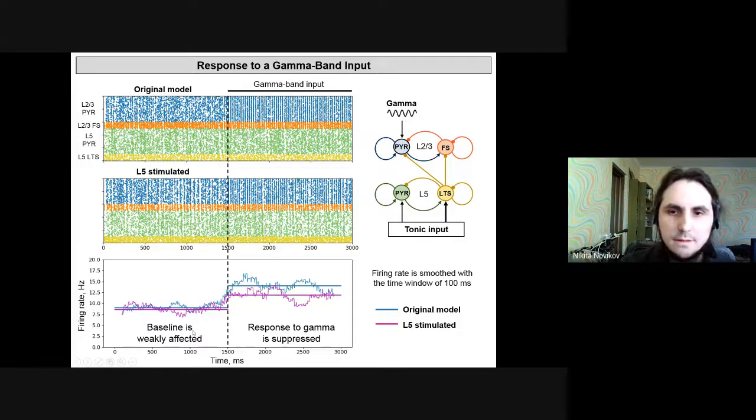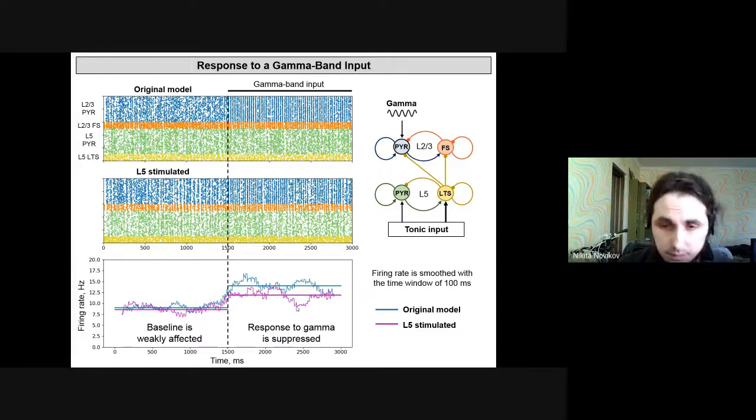And we see that in the baseline, this modulatory input doesn't affect very much. But when we deliver gamma band input to superficial layers, the presence of this modulatory input decreases response to the gamma input.